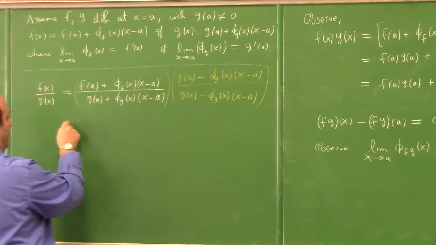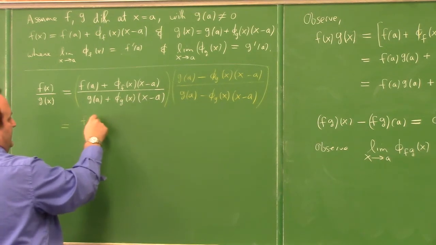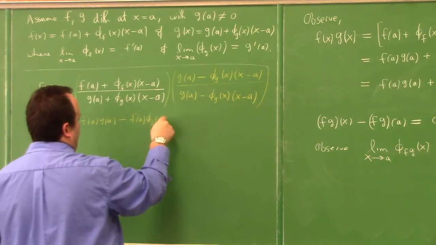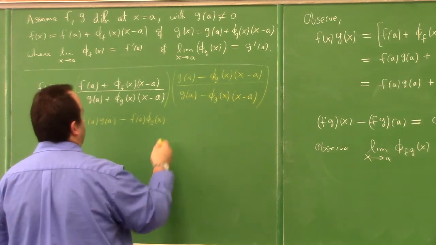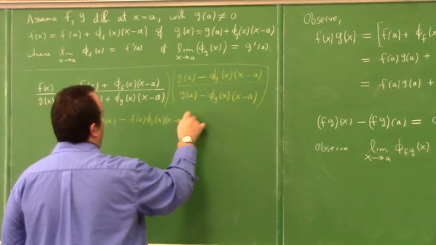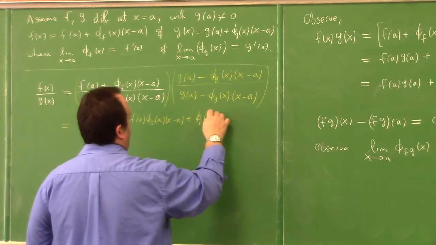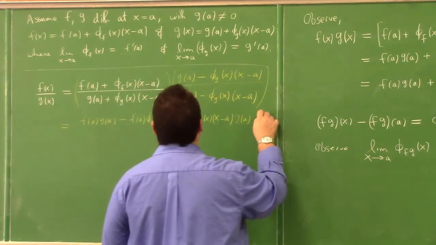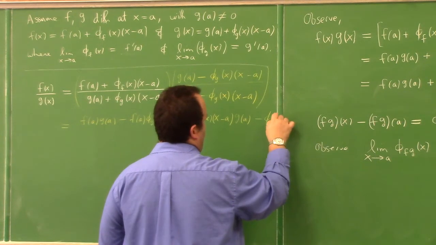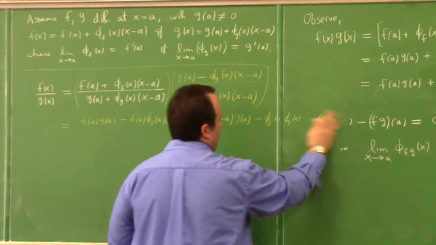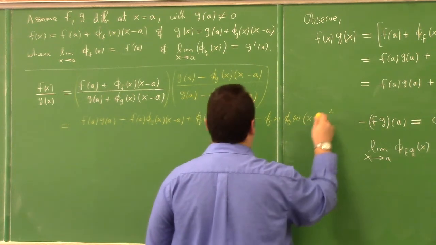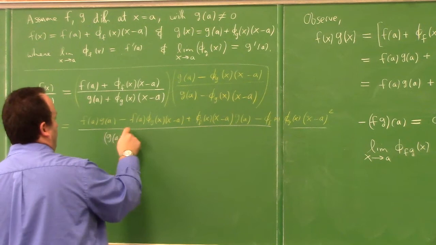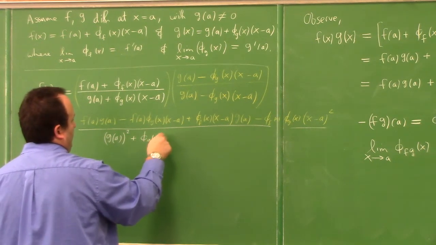Because if I do that, what happens? I get f of a g of a, minus f of a phi g of x times x minus a, plus phi f of x times x minus a times g of a, and then the minus phi f phi g x minus a squared, divided by g of a squared minus phi g of x squared times x minus a squared.